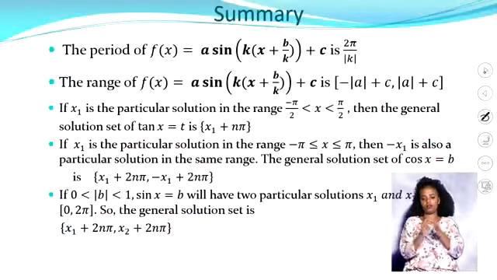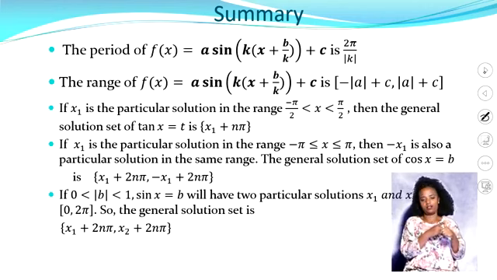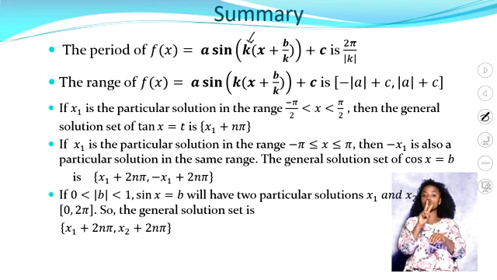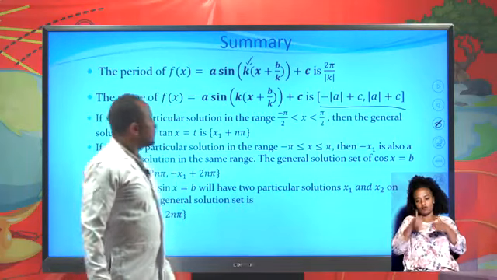To summarize what we have seen today: 1. The function f of x equals a sine of k times x plus b over k, plus c. Its period is 2 pi divided by the coefficient k, and its range varies from negative of the absolute value of amplitude plus c, to the absolute value of amplitude plus c.